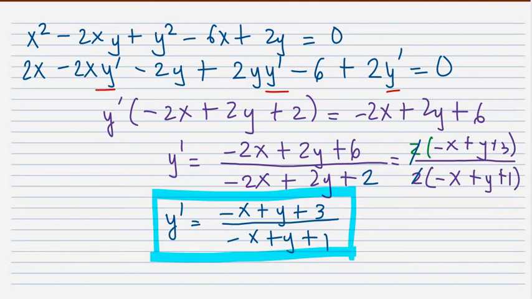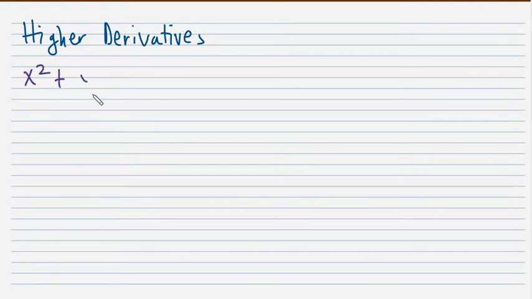Since we have already discussed higher derivatives, we can also combine the concept of implicit functions with higher derivatives. So let's say we are given the implicit function x squared plus y squared is equal to a squared.